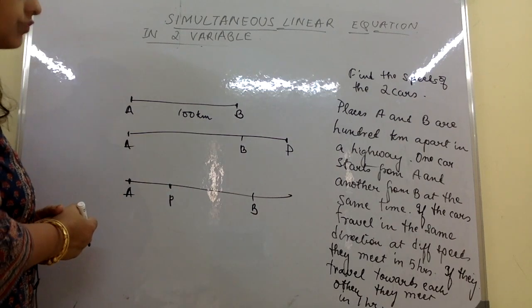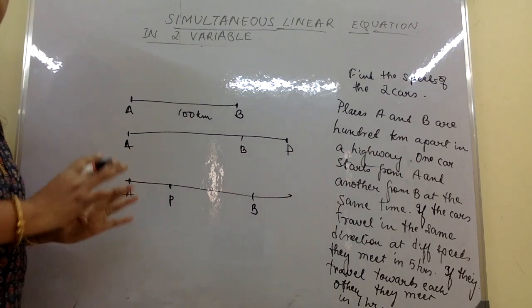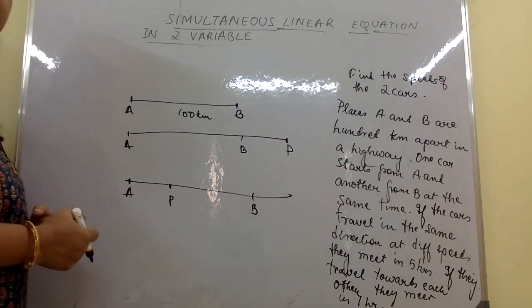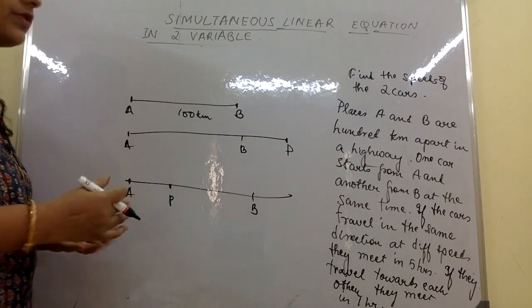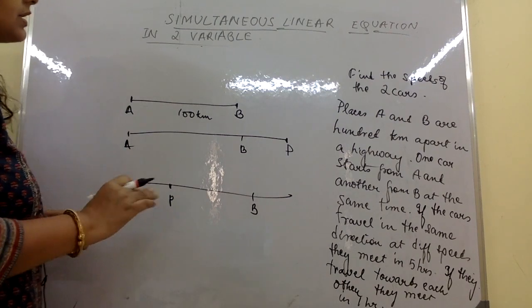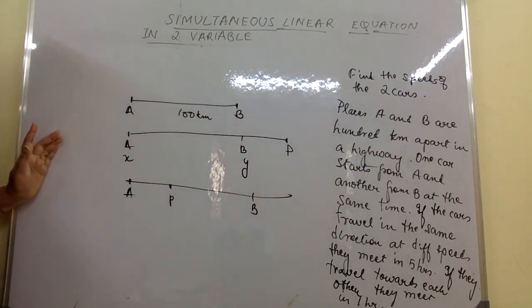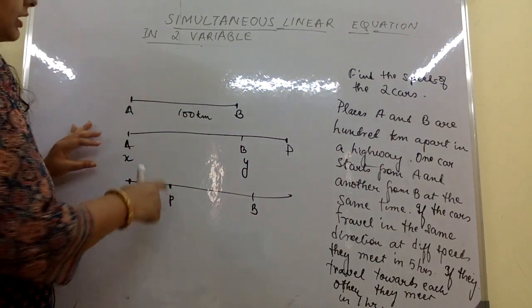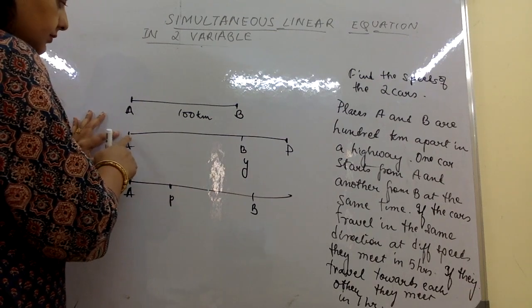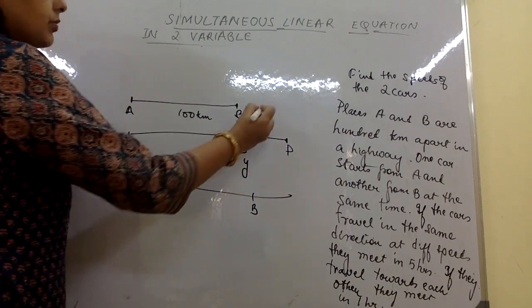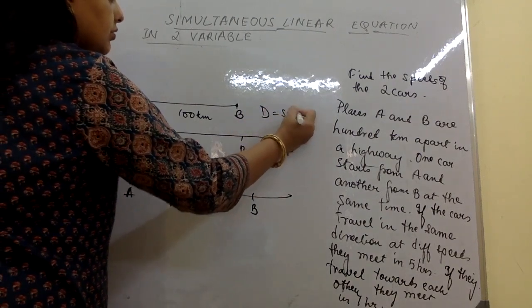Now what can we do for this? Note, there are very different types, and each type in speed, distance and time is a different one. So here let me take the speed of this car as x and the car starting from B as y. The formula says distance is equal to speed into time.